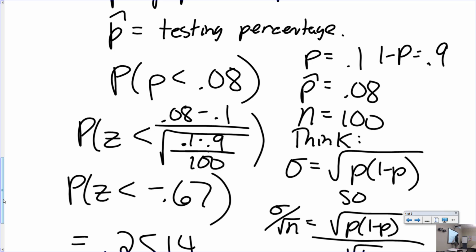What's 100 times 0.1? It's 10. And 1 minus 0.1 is 0.9, and 100 times 0.9 is 90.